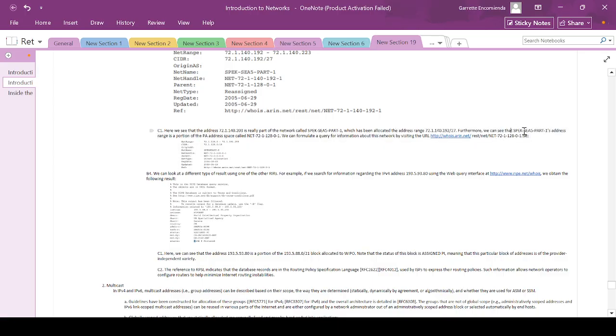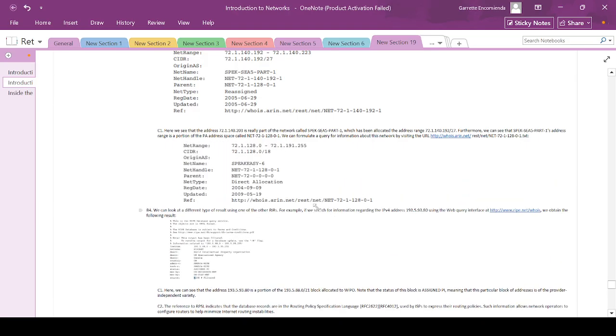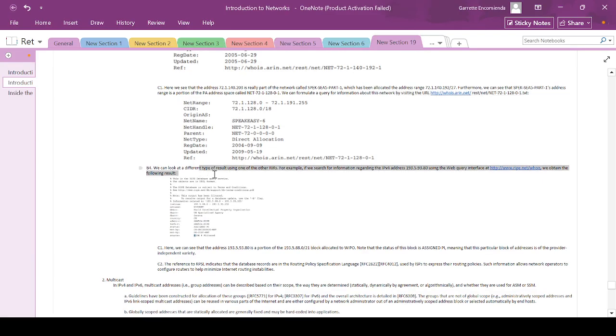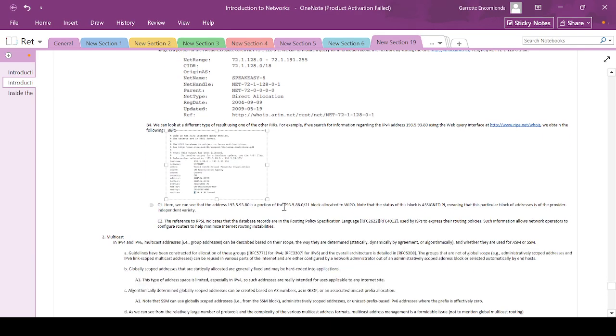Furthermore, we can see that SPECSYS-PART-1's address range is a portion of the PA address space called NET-72-1-128-0-1. We can formulate a query for information about this network by visiting the URL whois.arin.net/rest/net/NET-72-1-128-0-1.txt.